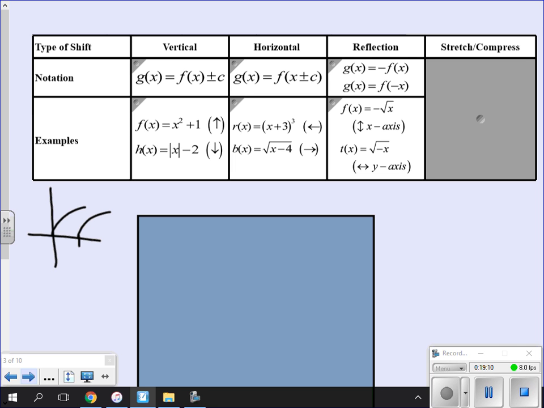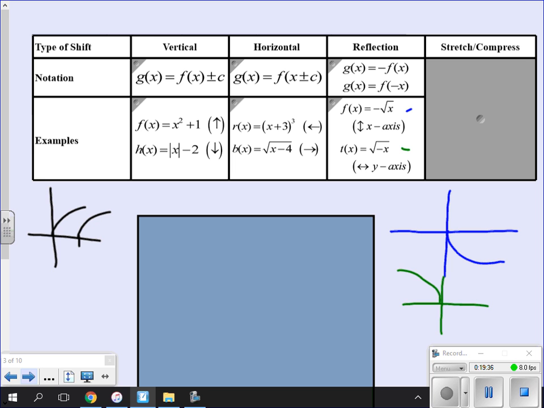So if we're looking at the square root ones, if I have this one here, negative square root of x, it flips it down that way. If I have this one here, that's the square root of negative x, it makes it go in the other direction.